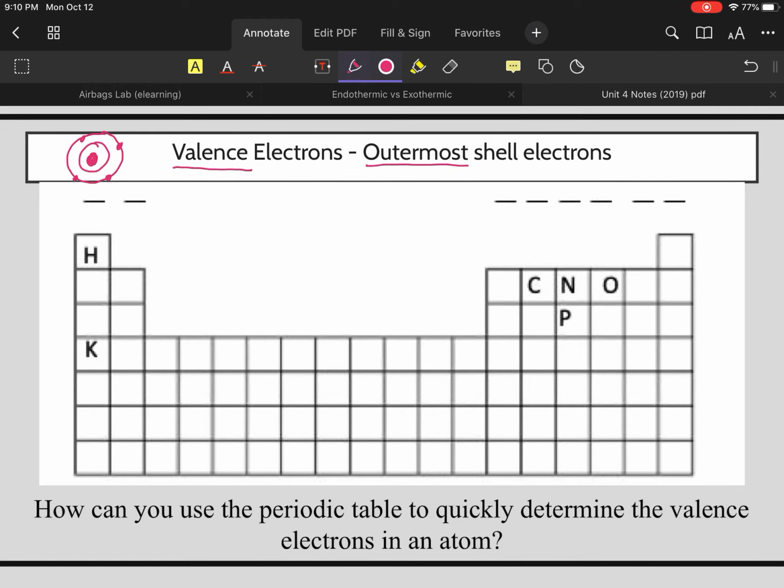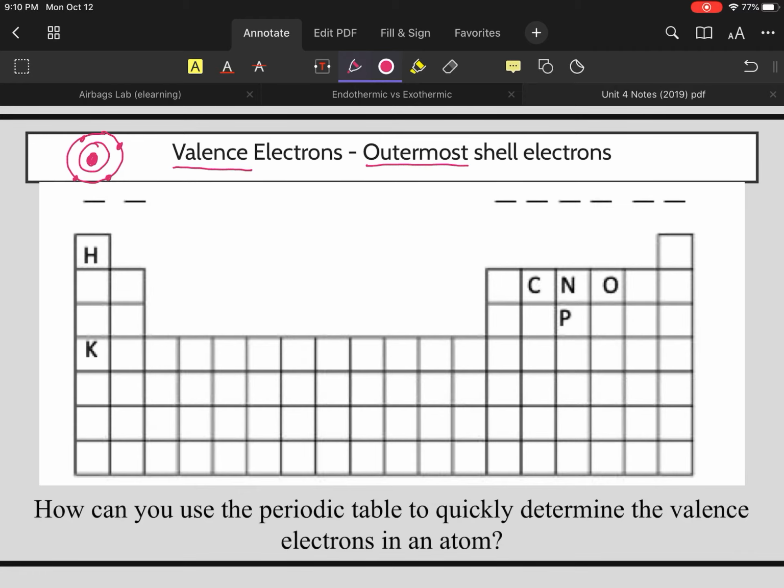Okay, so if I'm looking at my valence electrons, I'm going to tell you a couple of them, and then hopefully we'll see a pattern that we can use the periodic table to help us quickly identify how many valence electrons we have without having to actually draw a Bohr model every single time.